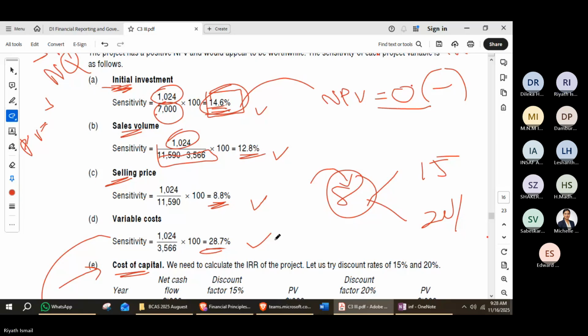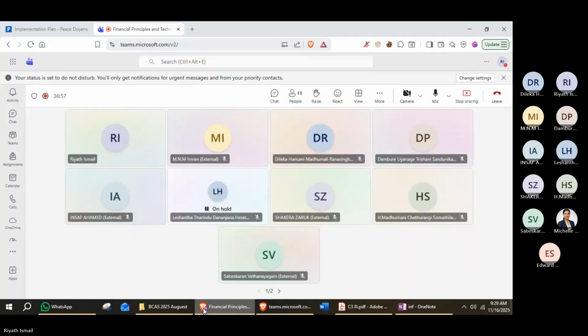Which one is more critical? Which variable? Initial investment, sales volume, selling price, or variable cost? Anyone else?